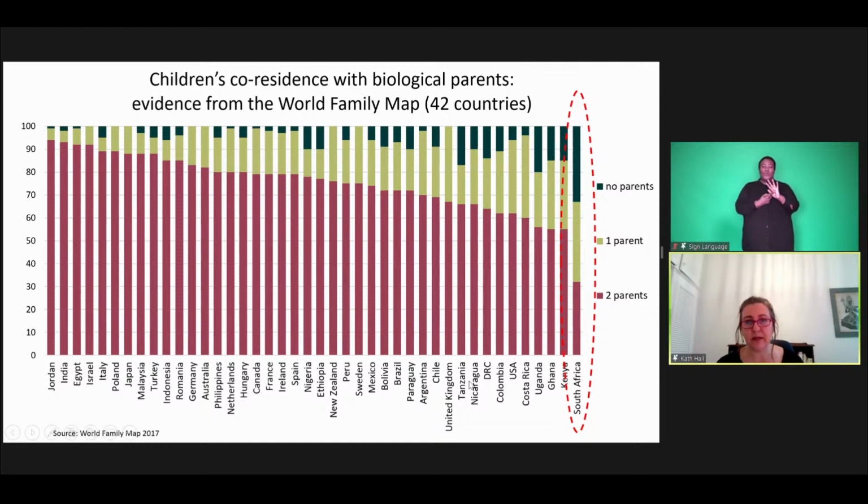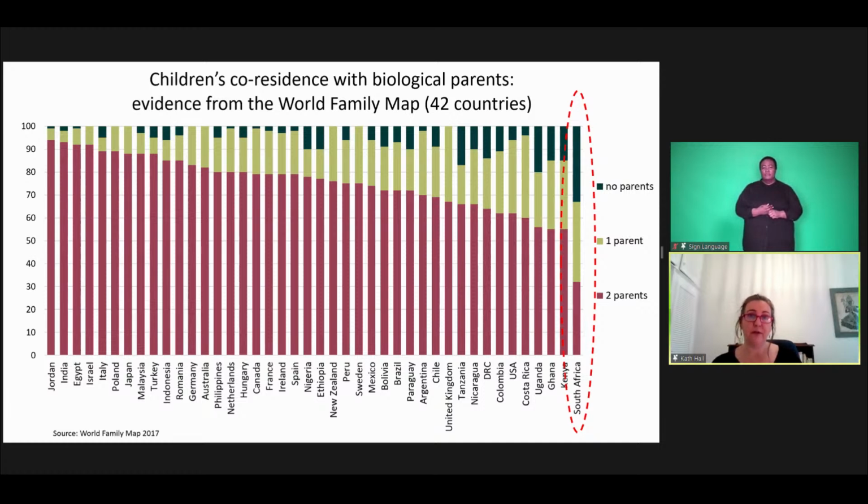You can see them along the bottom here, and they've been ranked. So the red section is children who have 2 co-resident parents, 1 parent and no parents. And we see South Africa really stands out as an anomaly in relation to the rest of the world, with large quantities of children without parents who are co-resident, who are classified as co-resident of their home.